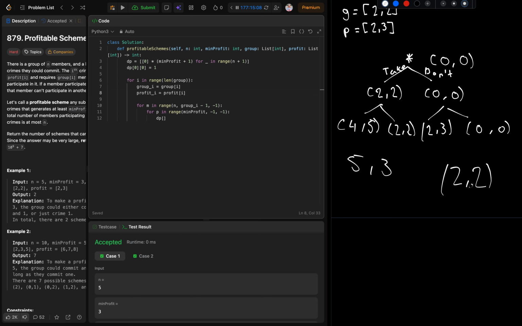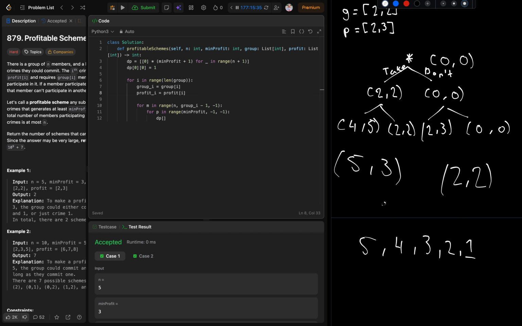We want to see, for each amount of men, so from 5, 4, 3, 2, 1, we want to see, if we have 5 men, how many ways can we get to our profit?